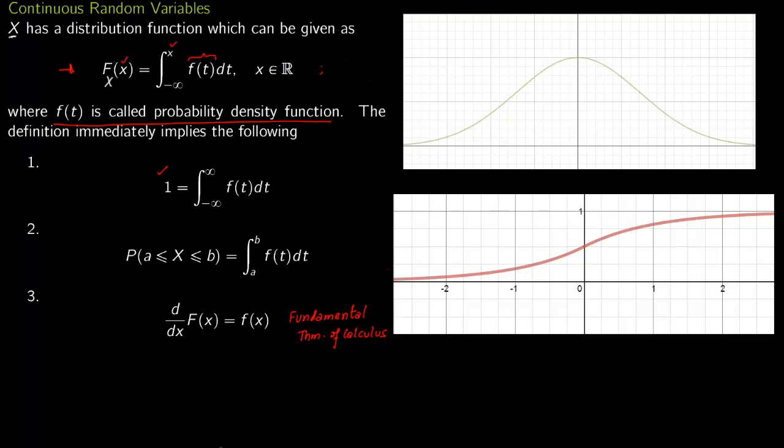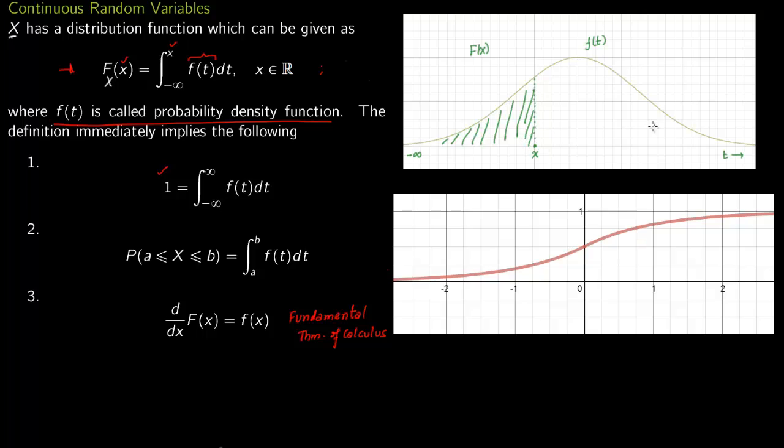So now let us see this graphically. So this is the graph of the function f of t. So say t is here, then f of t is here. And when you talk about integral, so minus infinity is somewhere here. So say you pick up x here, then F of x is nothing but all this area on the left hand side of this line. So this entire thing is F of x.